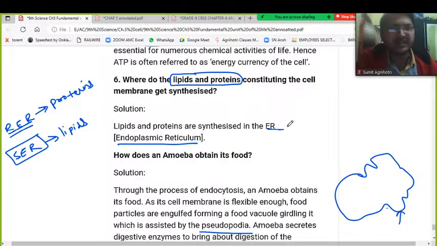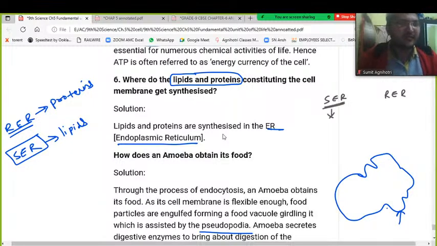The answer is endoplasmic reticulum. There are two kinds of endoplasmic reticulum, SER and RER. In smooth endoplasmic reticulum, there is lipid formation, synthesis and transportation. In RER, protein is synthesized and transported.